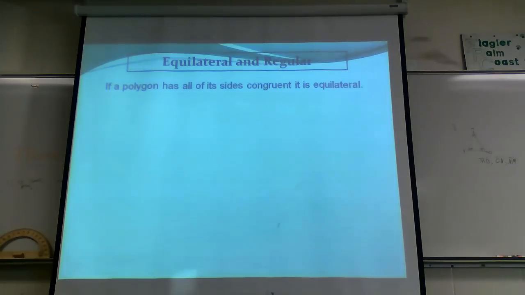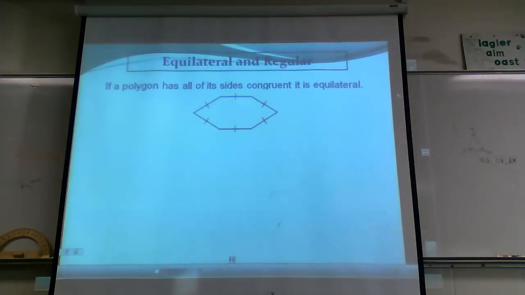Equilateral triangle meant what? If I said a triangle is equilateral, that meant all sides are equal. So if I said I have an equilateral heptagon, it still means all sides are equal. That never changes. So if I had a shape right there, how many sides are there? 6.